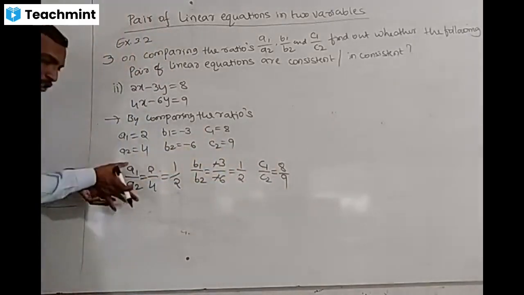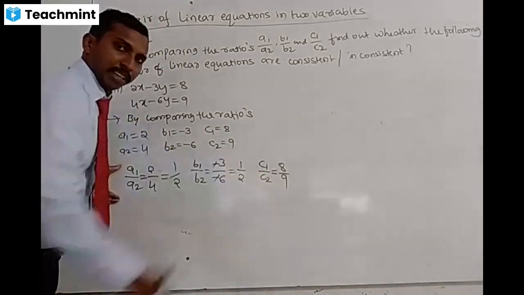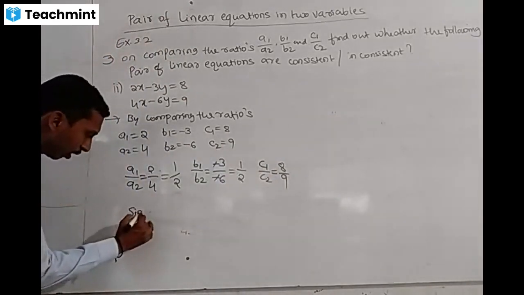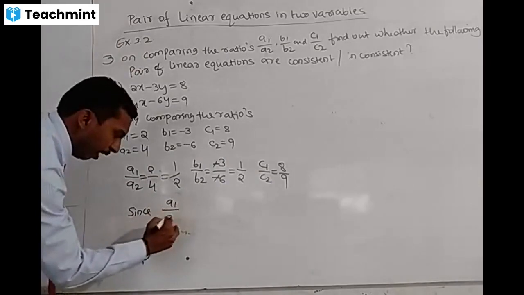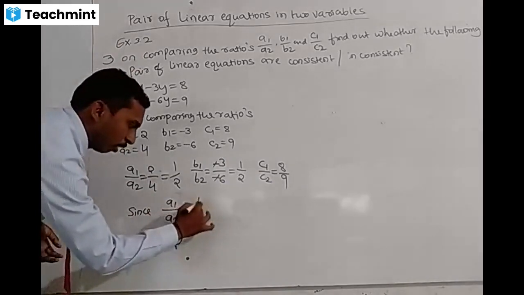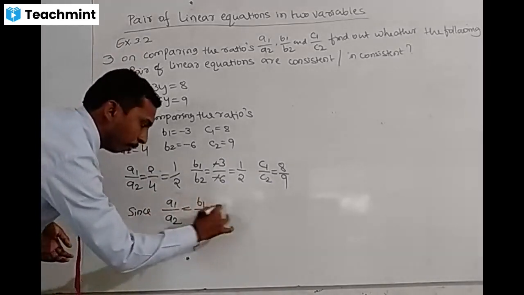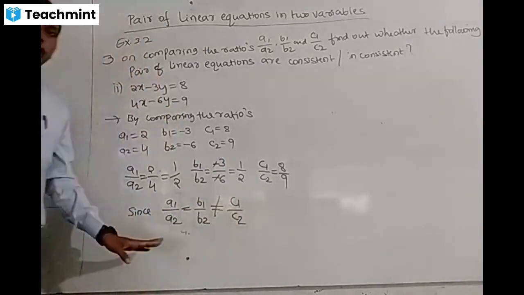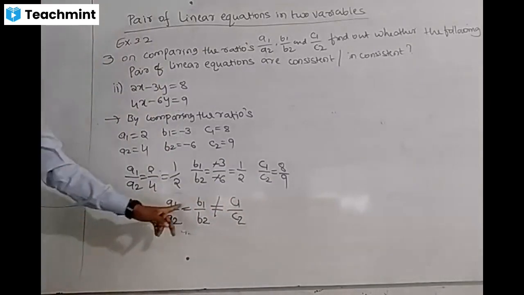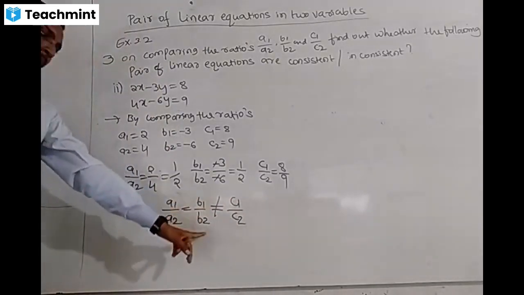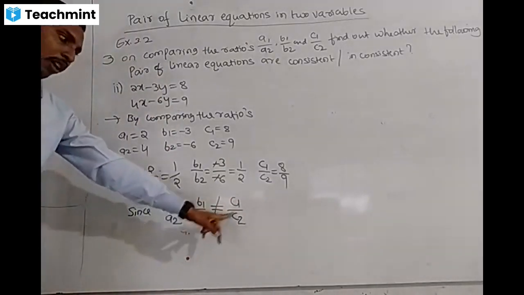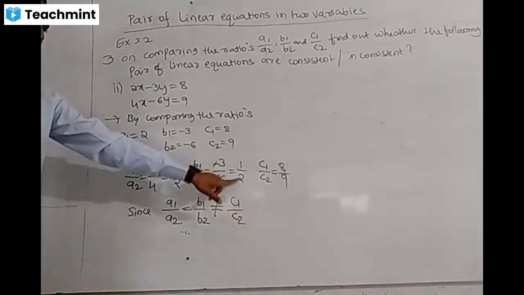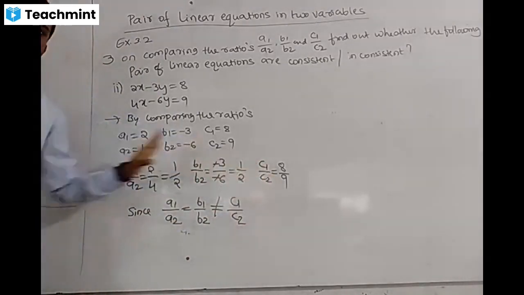Now compare the ratios A1 by A2, B1 by B2, C1 by C2. What do we get? So since A1 by A2 is equal to B1 by B2 but which is not equal to C1 by C2. Here 1 by 2, here also 1 by 2, here it is 8 by 9.